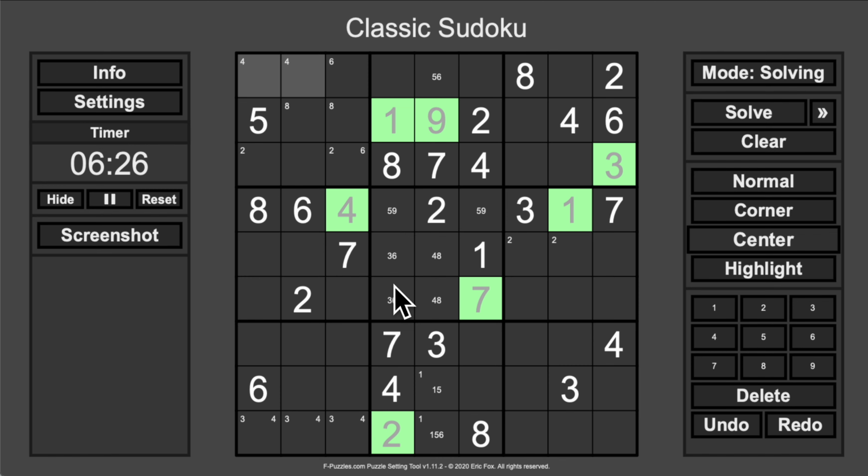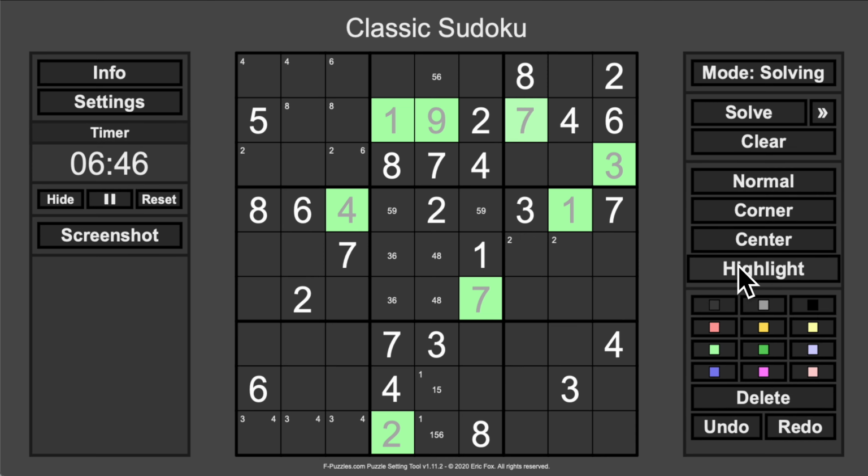I don't think so. But 1, 2, 4, 5, 6, 9. So I need 3, 7, 8 for these 3. But this one can't be 3 or 8, that has to be 7. Means these are now 3, 8.